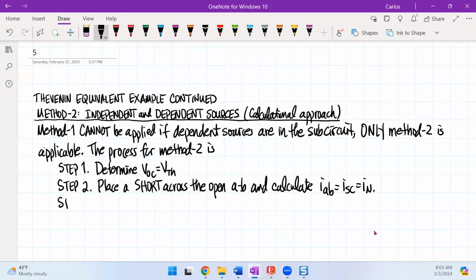And then step 3, we determine RTH by the ratio of VOC divided by I short circuit.